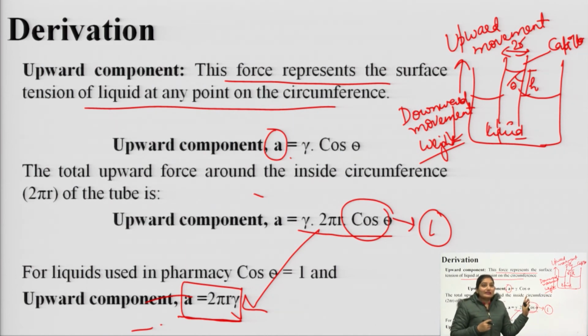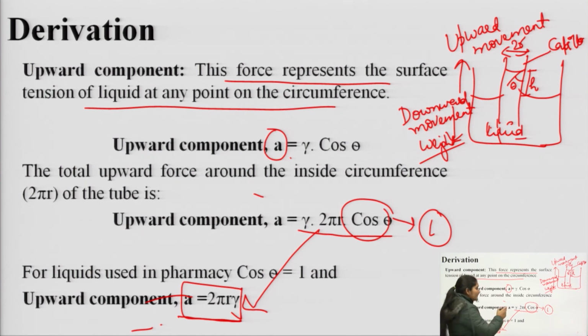So, first is the upward component. The upward component is the force that represents the surface tension of the liquid at any point of the circumference, and it is represented by the letter A, and A is equal to gamma cos theta.